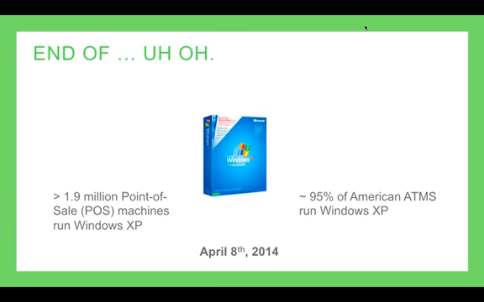So we've got a big challenge on our hands. If you're not in the retail industry and you're thinking about it in the context of your business, if you're running XP, you've got to think about how you migrate off of that, because as part of PCI DSS you do have to run vulnerability scans, but if you don't have the ability to remediate those vulnerabilities, you're not necessarily going to be compliant with PCI, and that's going to be a problem.